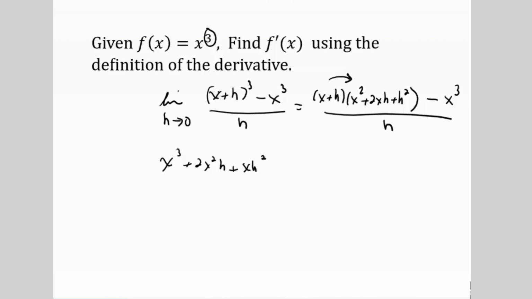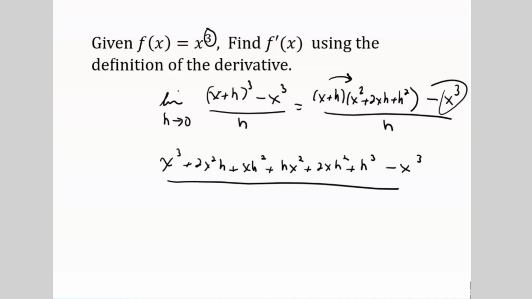If I distribute the h, I'm going to get h x squared plus 2x h squared plus h cubed, and then minus my x cubed in the formula, all divided by h.